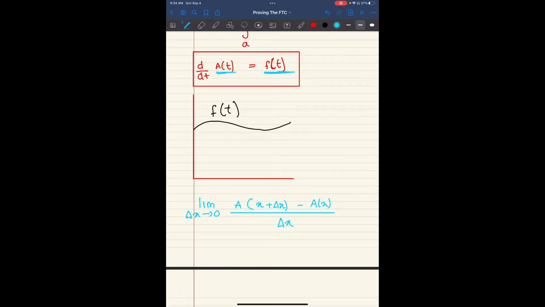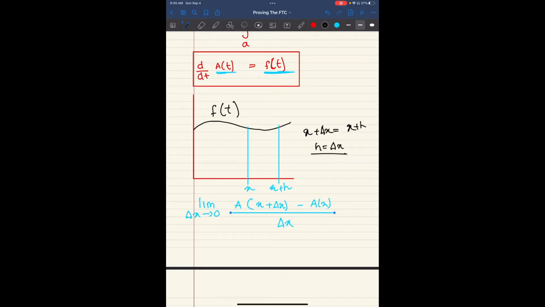So let's say this is the point x, and this is the point x plus h, or x plus delta x. So we can tell that x plus delta x is equal to x plus h. So h is equal to delta x. This is important.